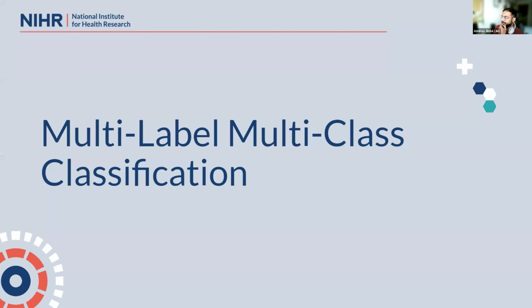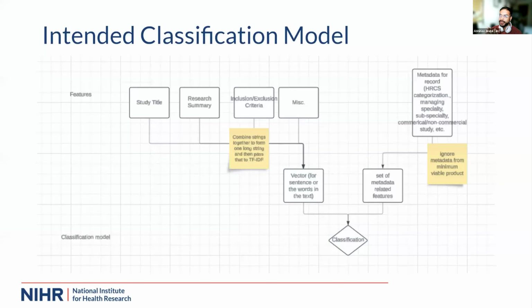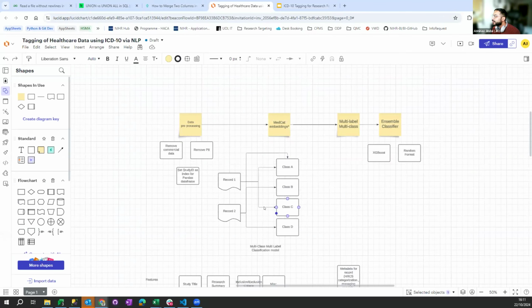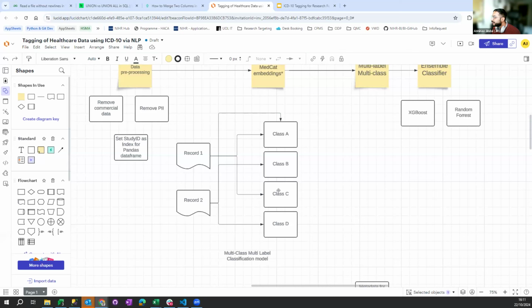So what is multi-label, multi-class classification? We have looked at that before. Imagine we have one study record. I do have this information, so not sure if you can see my entire screen, but yeah. These are two study records, and these are randomly selected labels.